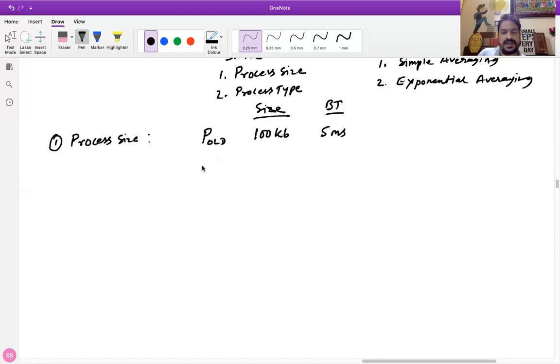Now let's say a new process comes into existence, and we know how much time the old process has taken. The new process also has approximately 100 KB of size.